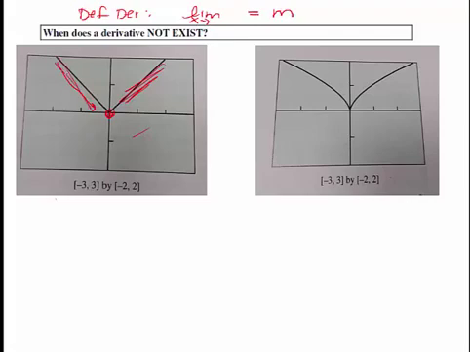But if you look at the left side here, our slope is negative, and on the right side, the slope is positive. So there's no way we can have a negative slope and a positive slope at the same time. And so we will often say that a derivative doesn't exist at a sharp turn.